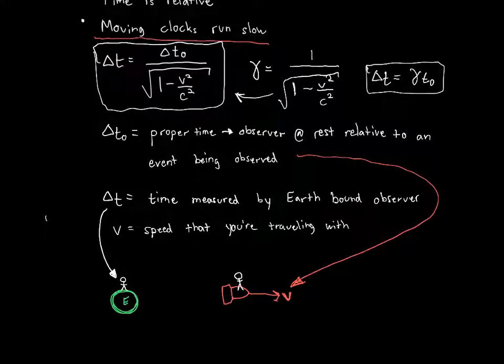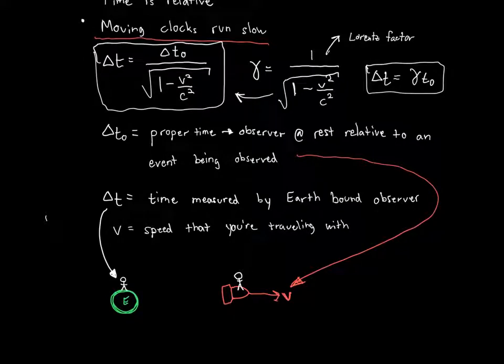For those that are interested, one of the more popular names for gamma, if you do some Googling, is the Lorentz factor, which we use to convert between different frames of reference, which is all we're doing here.